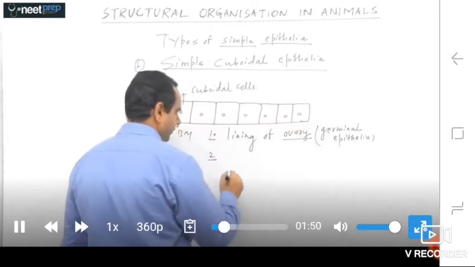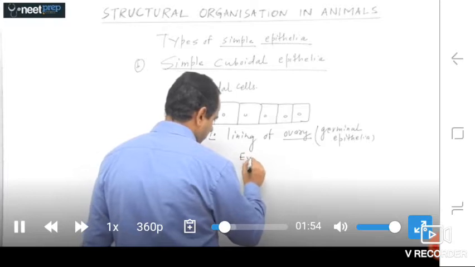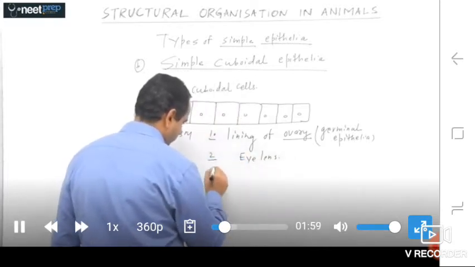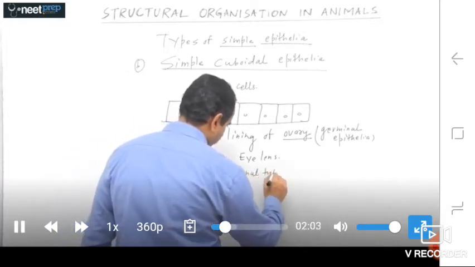Second, the lining of lens, eye lens. Third, in the renal tubule, the part of nephron.